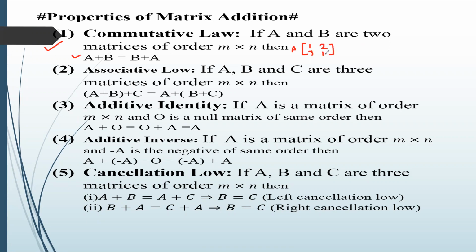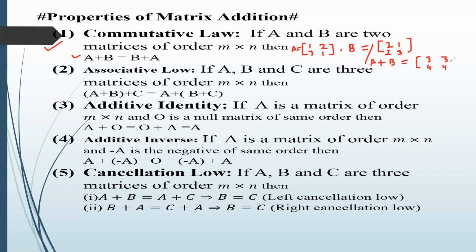Okay, and B is equal to like that, B equal to 2, 1, 1, 3. Okay, so when we add A plus B, so this will come 2 plus 1 is 3, 2 plus 1 is 3 and 3 plus 1 is 4, 3 plus 1 is 4.